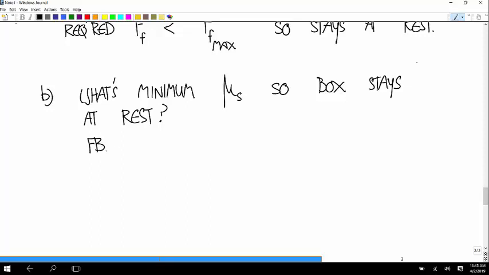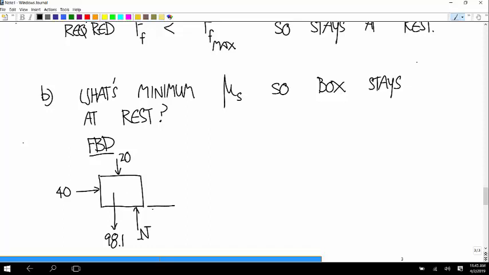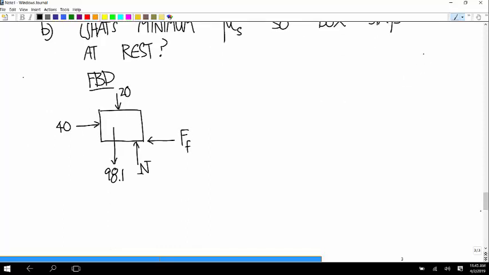So the free body diagram, we still have all this same stuff. We have the 40, the 20, the weight force, the normal force, and the friction force. Newton's second law, we're going to assume again that it stays at rest.